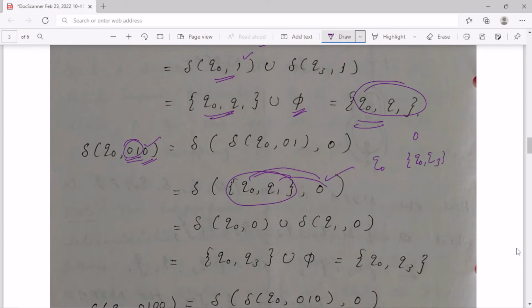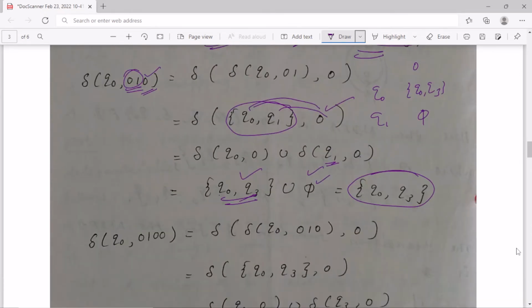Delta of Q1 comma 0, as in the transition table, is the empty set, no possibilities. The union of any set with the empty set is the set itself, so Q0 Q3. Next, what are you going to read?